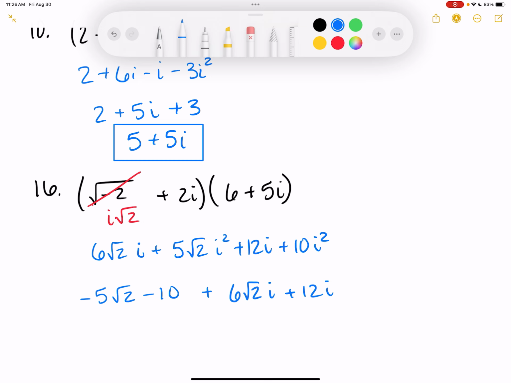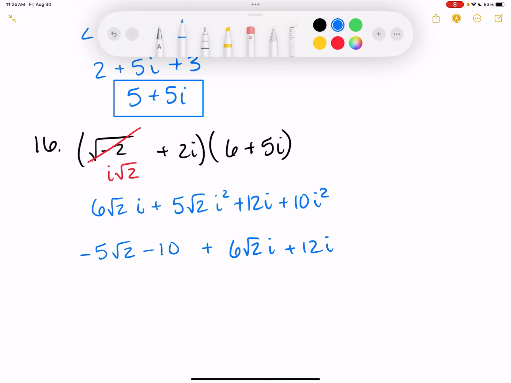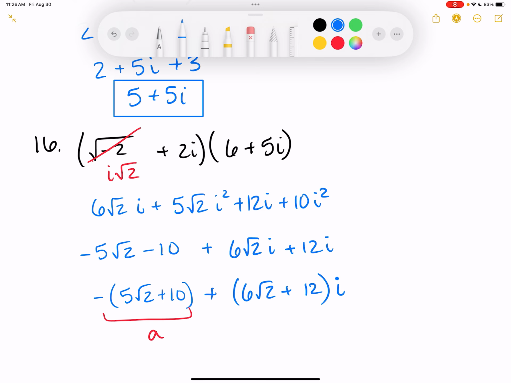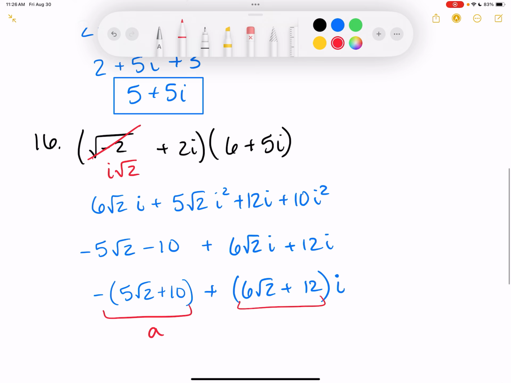So to get it in standard form, what I need to do is rewrite this. You can either leave this first part like this, or you can write this as negative, and then in parentheses 5 root 2 plus 10 for the a part of our standard form. And then plus in parentheses 6 root 2 plus 12 and then close the parentheses and put the i after it so that this then is in bi form.